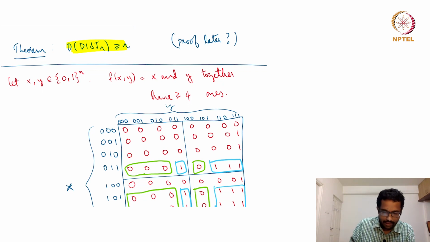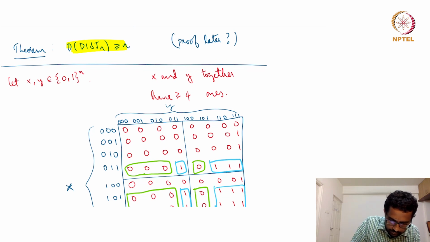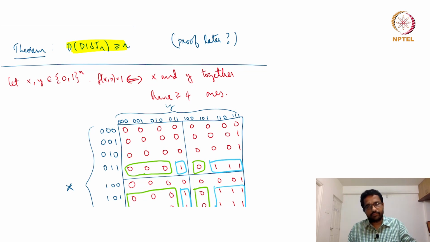So f of x, y equal to 1 if and only if x and y together have at least 4 ones.